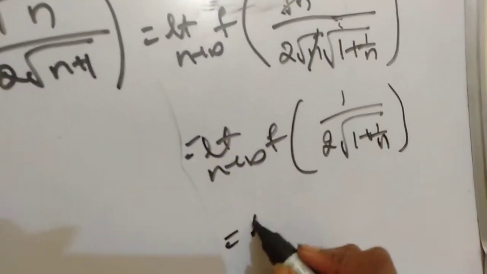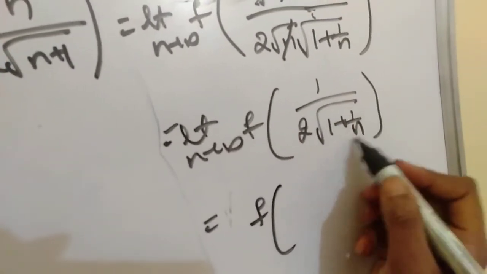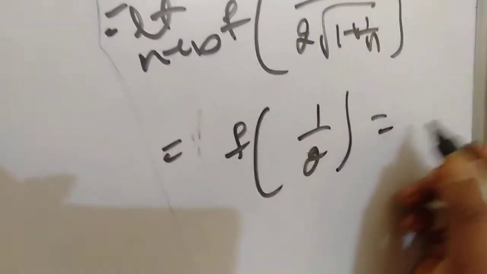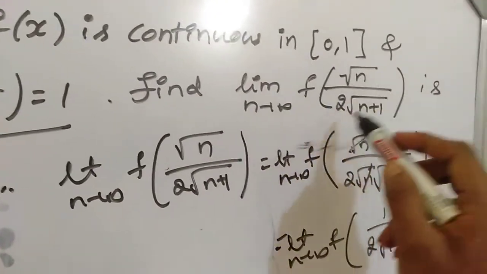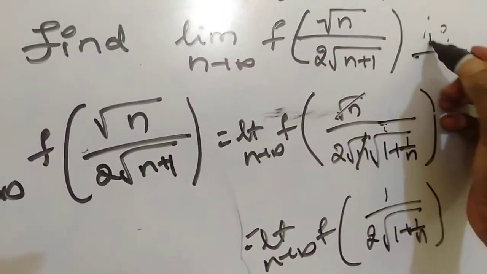Now we apply the limit: 1/infinity value is 0, then we get f(1/2). In the question they gave f(1/2) value is 1. Therefore the limit as n tends to infinity of f(√n / (2√(n+1))) is 1.